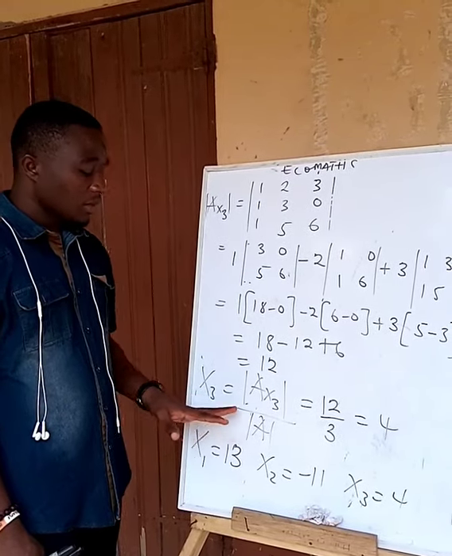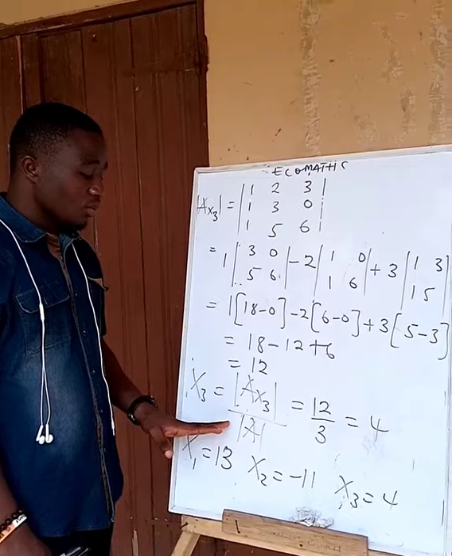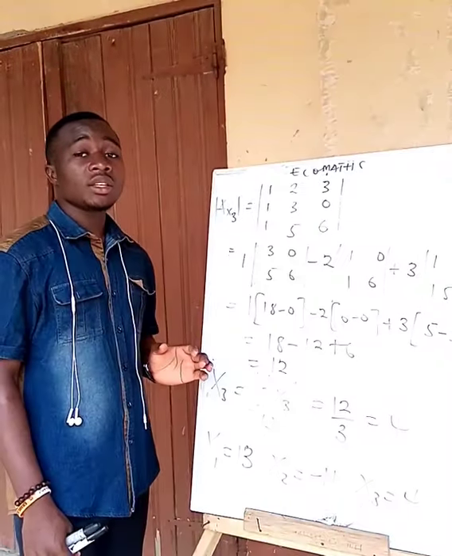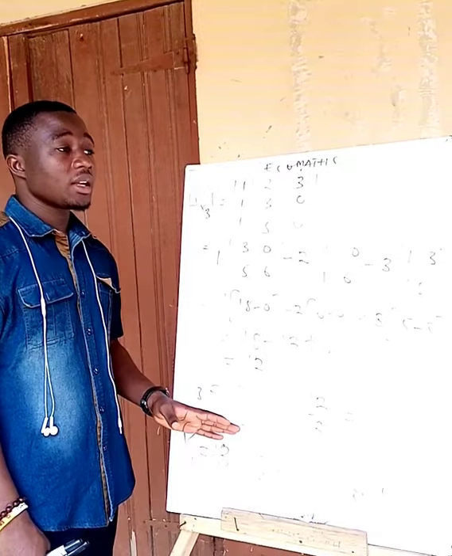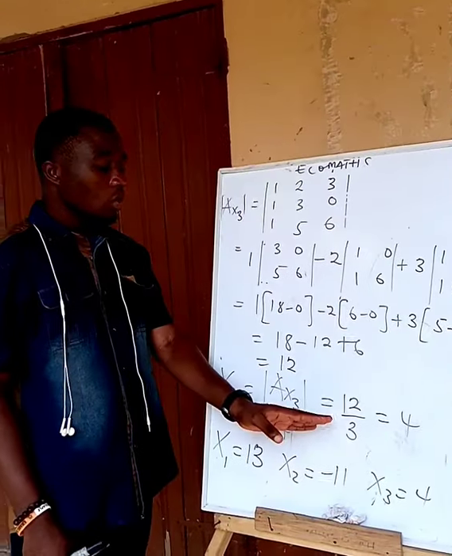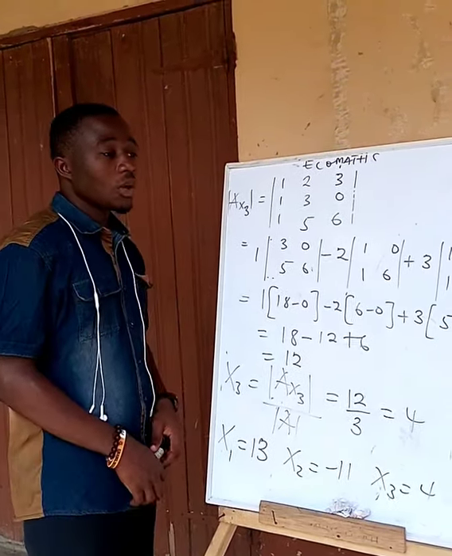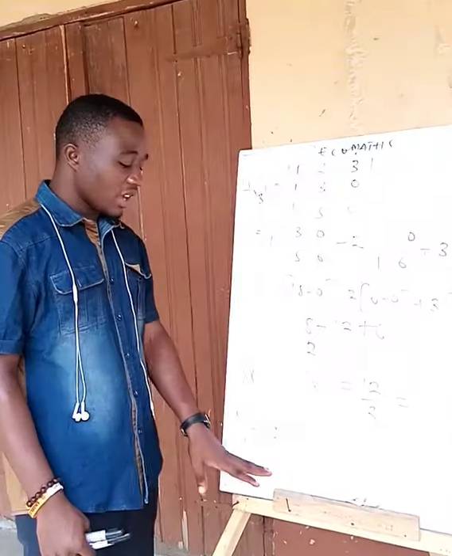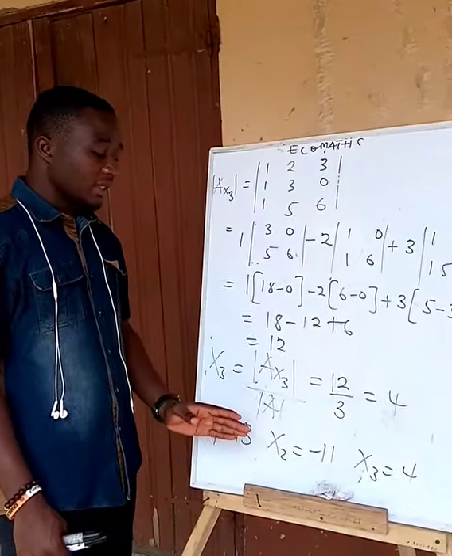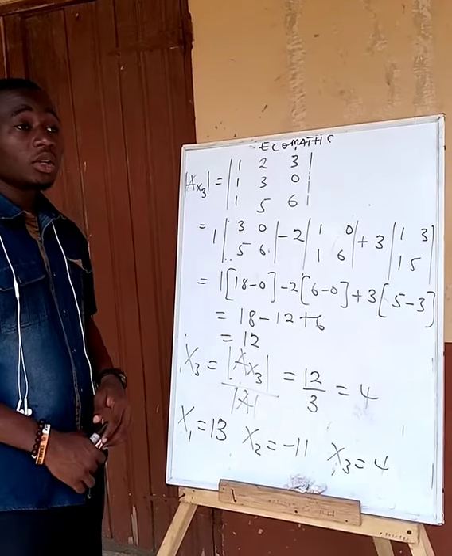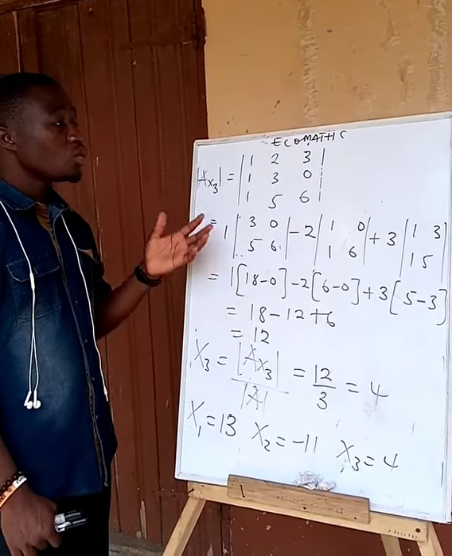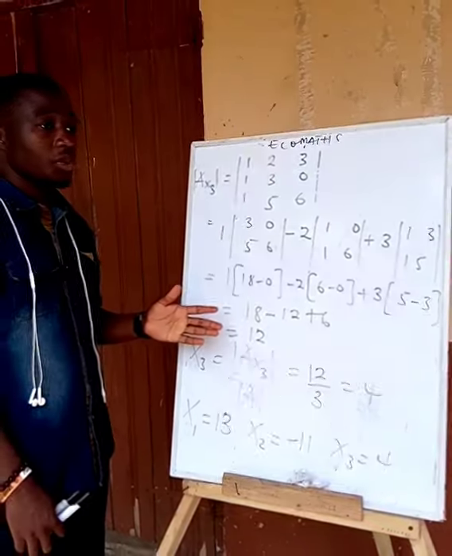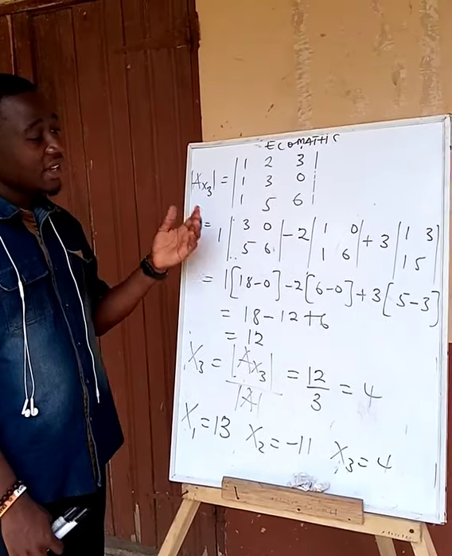So now x3, from Cramer's rule, we can find it by dividing the determinant of A subscript x3 by the determinant of A, which is 12 over 3, equal to 4. So in conclusion, x1 equals 13, x2 equals minus 11, and x3 equals 4. So we've been able to solve this system of equations using Cramer's rule.